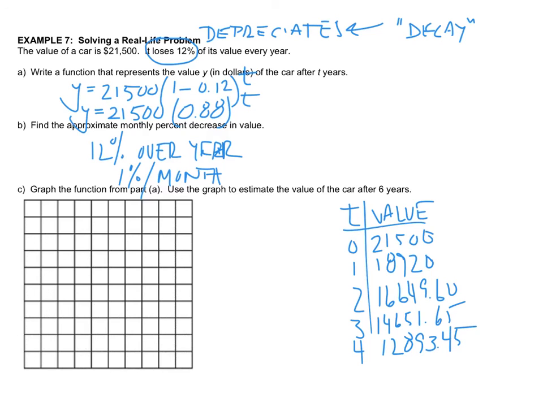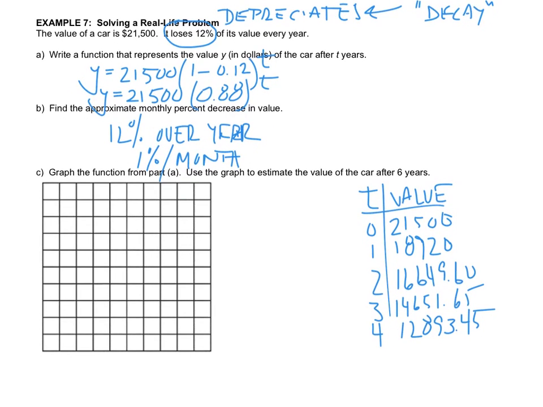12,893.45. So when I'm graphing, again, we wouldn't really use the negative quadrants here. I would just have positive quadrant 1. This would be the amount that it's worth value-wise. This would be the year that we're talking about. So we'll just spread this out a little bit. 1, 2, 3, 4.